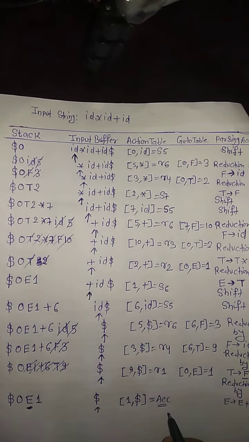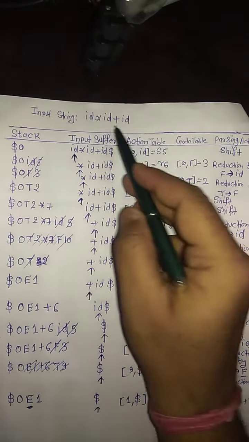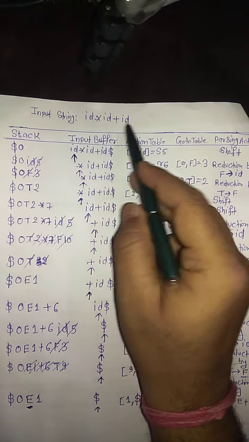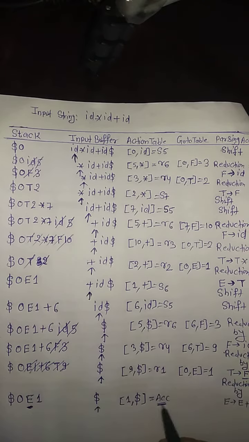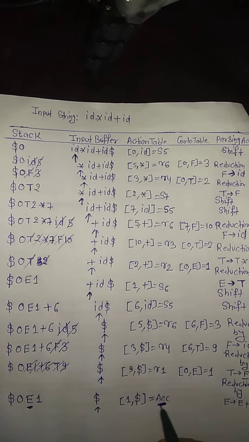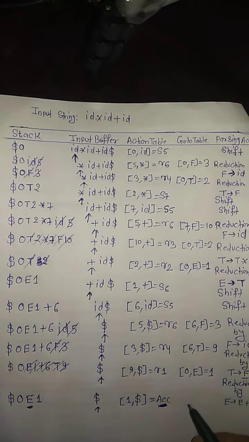So this is the approach for bottom up parsing. You have to start from the leaf node, meaning the string, and go to the root node, meaning the start symbol, and here you also see finally we get the accept. It means your parsing has been completed. Thank you so much.